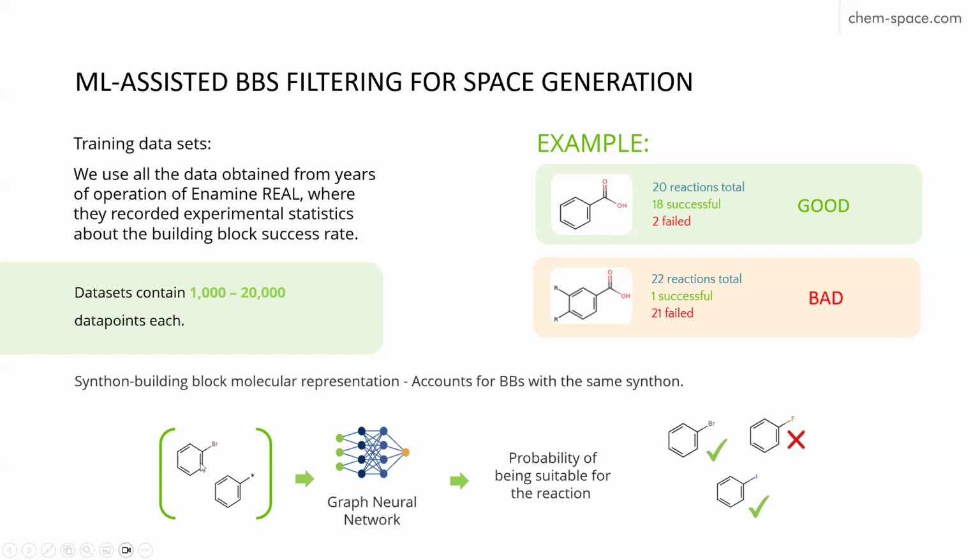And this is important because here you can see 3 building blocks, and 2 of them are good, 1 of them bad. If we generate the synthons for these 3 building blocks, we get the same synthon. But at the same time, 1 of them was qualified as bad.